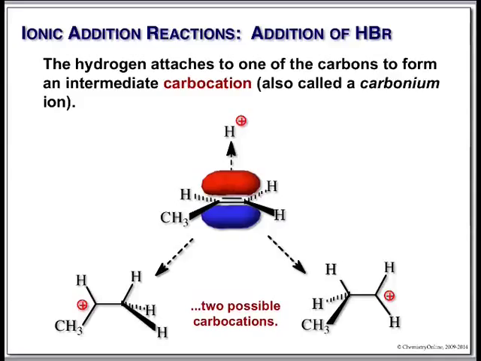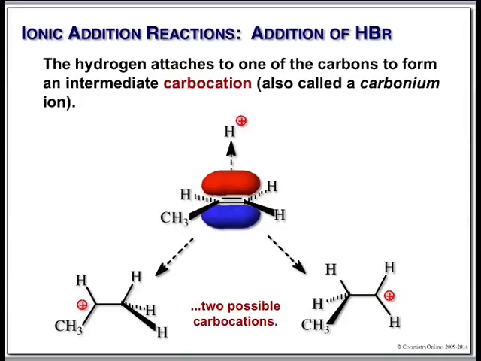And that would leave this carbon with only 2 hydrogens and 3 bonds. That means it is positively charged. Its formal charge is +1. This is a carbocation, also called a carbonium ion in many places. If in fact the hydrogen slides down to this carbon, we get this carbocation.